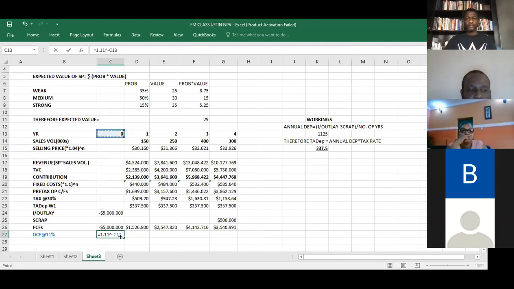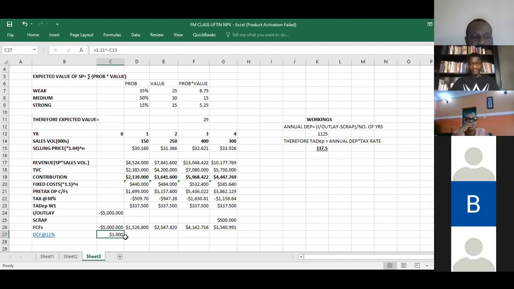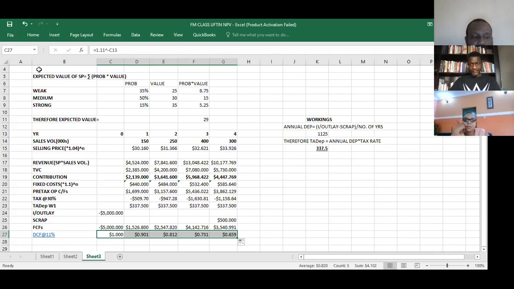I don't understand why these dollars are coming in. So Excel gurus, if you know why this dollar is there, please tell me. Let me remove it. Maybe you pressed the currency figure. That's true, I did actually.